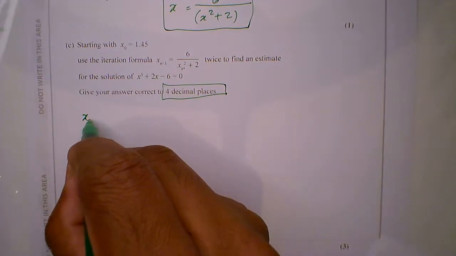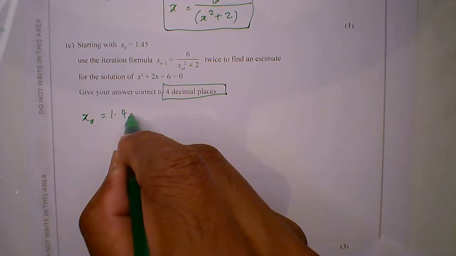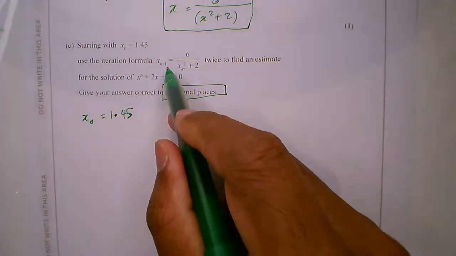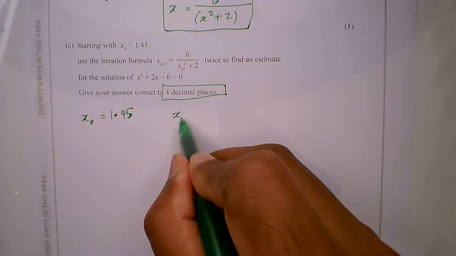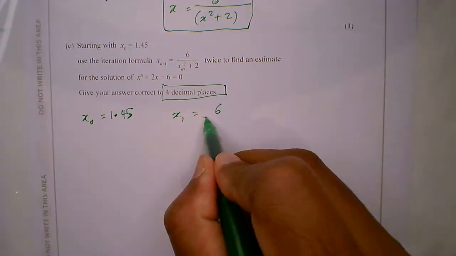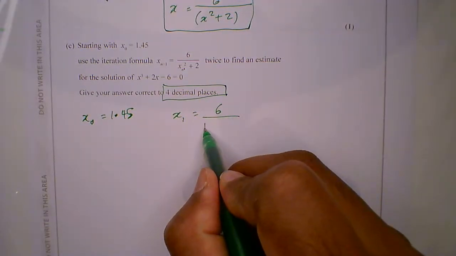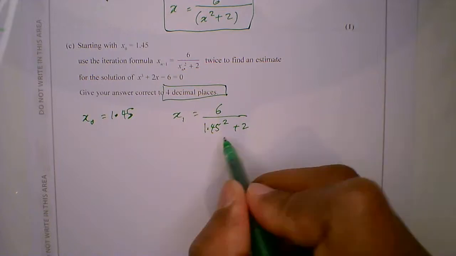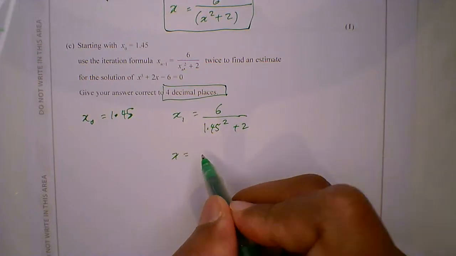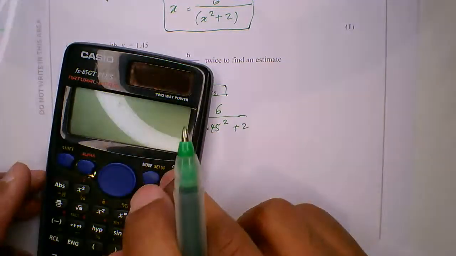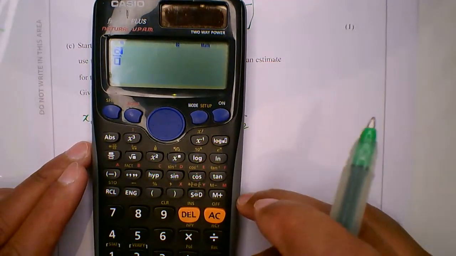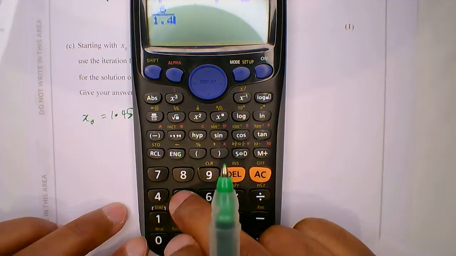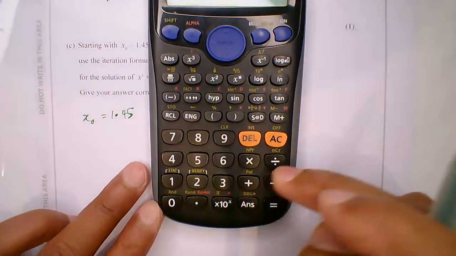I'm going to write here x0 equals 1.45. So the next one, x1 equals 6 all over 1.45 squared plus 2.